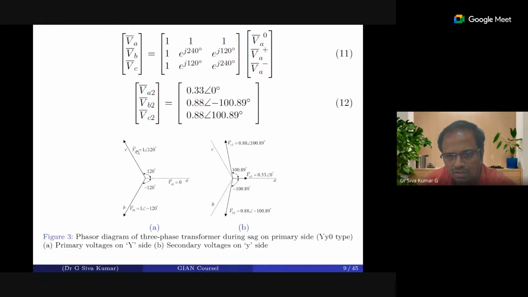You can see that phase C has a phase shift and phase B also has a phase shift, and you have a voltage on VA2 also. This is what happens when you have a transformer: there is a phase shift apart from the magnitude reduction in the voltage.